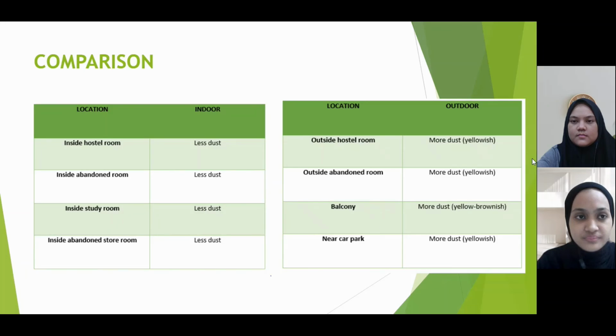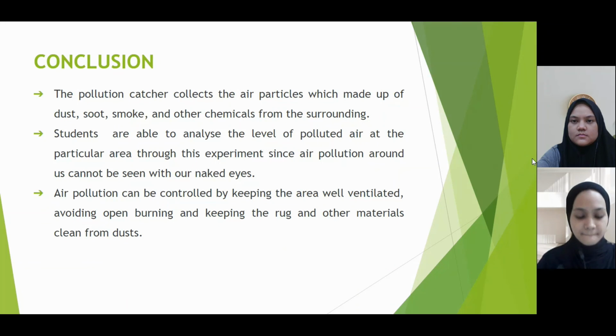So, for the conclusion. Okay, so for the last part of the slide, in conclusion, we can conclude that the pollution catcher used in this experiment is to collect the air particles, which are made up of dust, soot, smoke, and other chemicals from the surrounding or the atmosphere.